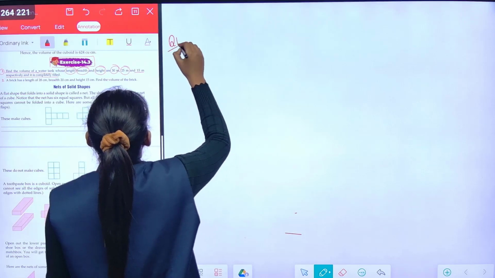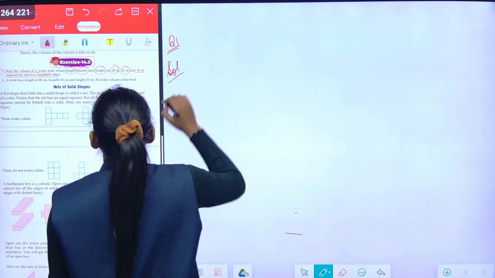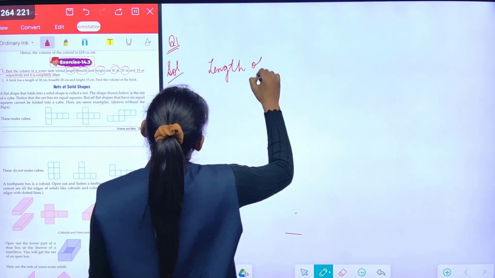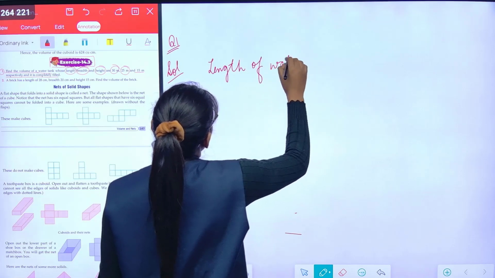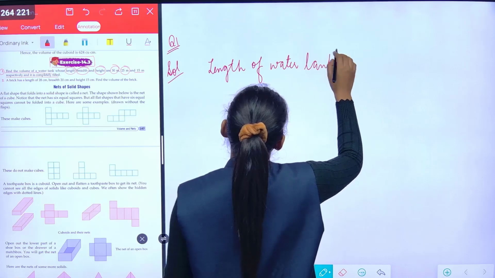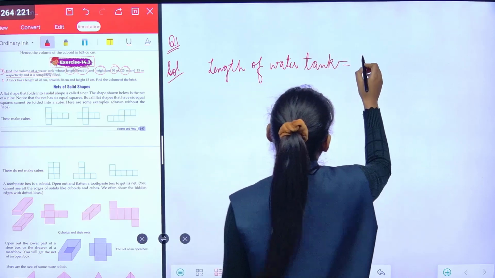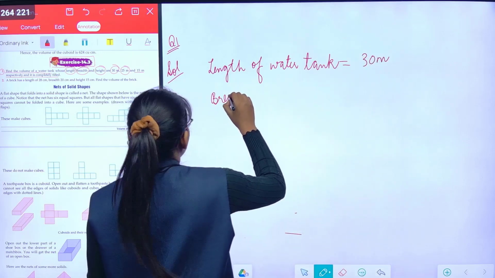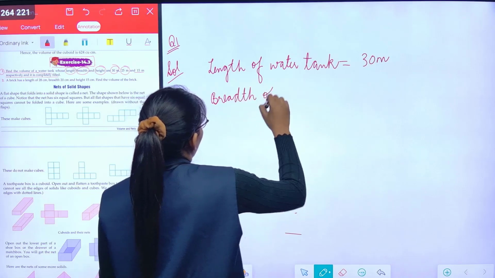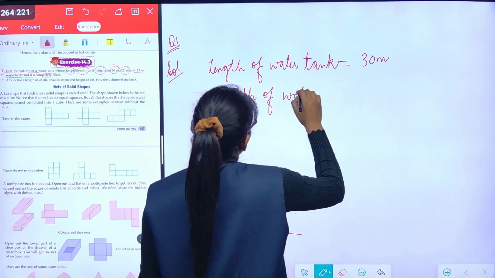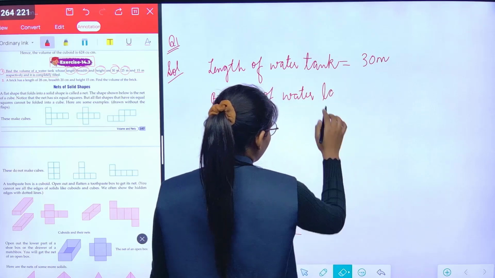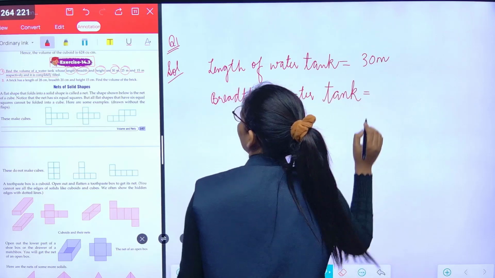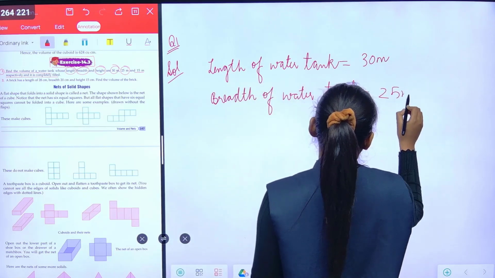Now class, see question number 1 solution. Length of water tank is equal to 30 meter and breadth of water tank is equal to 25 meter.